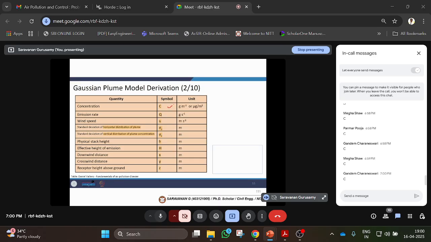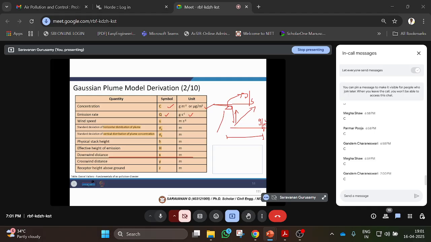Here you can see concentration will be in gram per meter cube or microgram per meter cube, anything you can use. Emission will be gram per second from this chimney. How much pollutant is emitting, that is gram per second. Then I know after 1000 meter what the gram per meter cube concentration is. So x distance is in meters. The x is the downwind distance, the cross wind distance is your y, and z will be your altitude height.